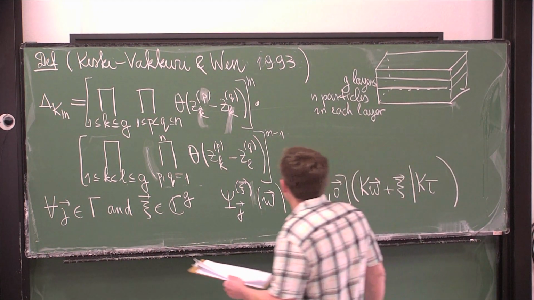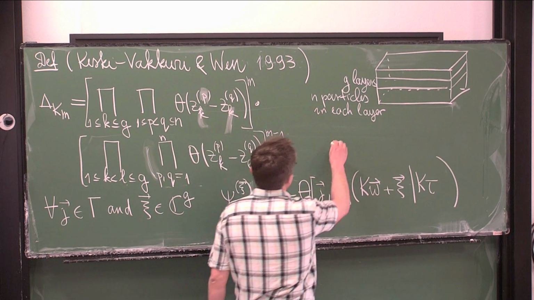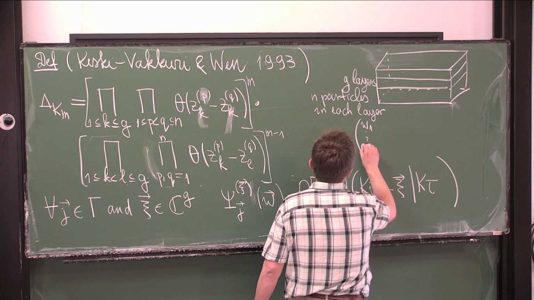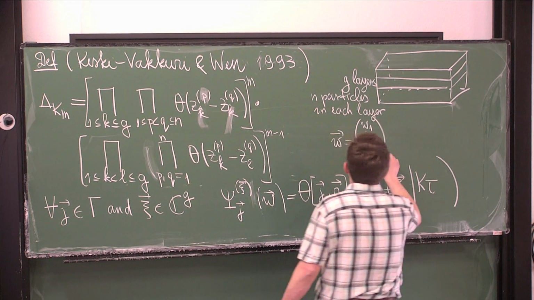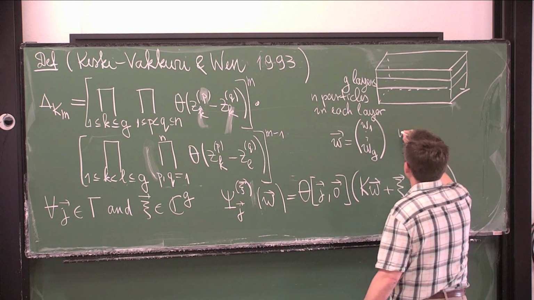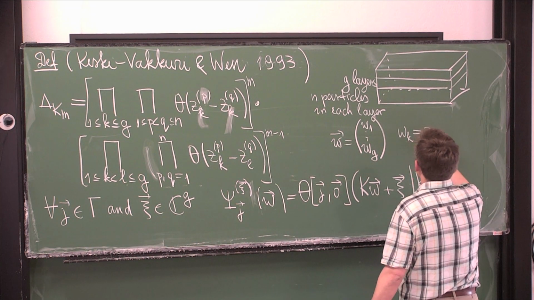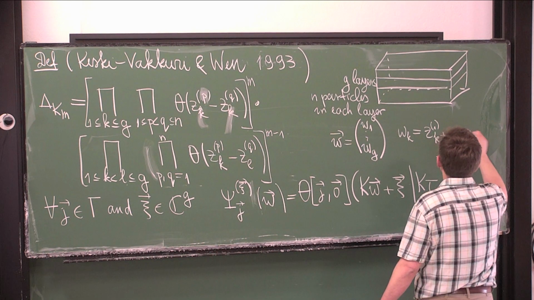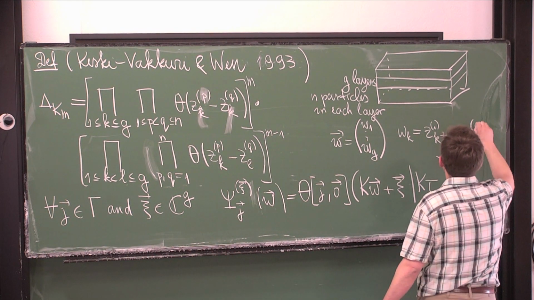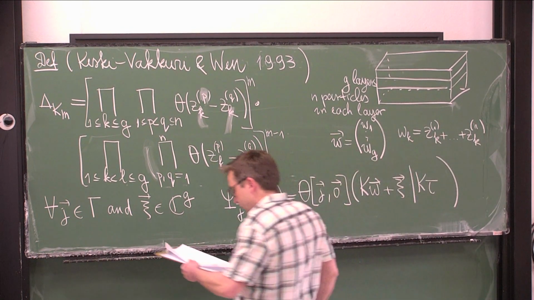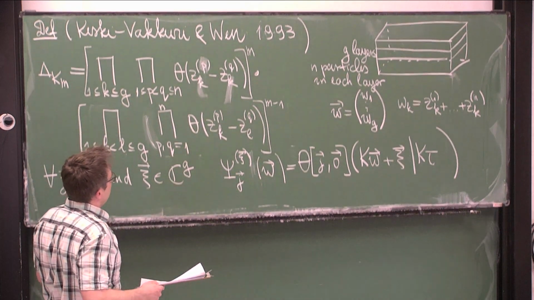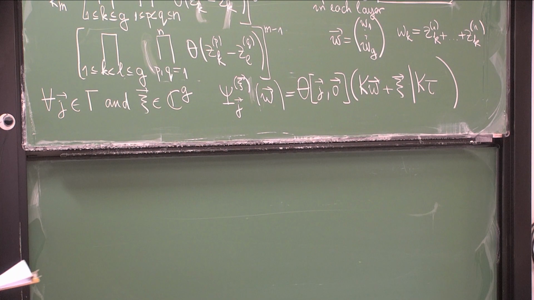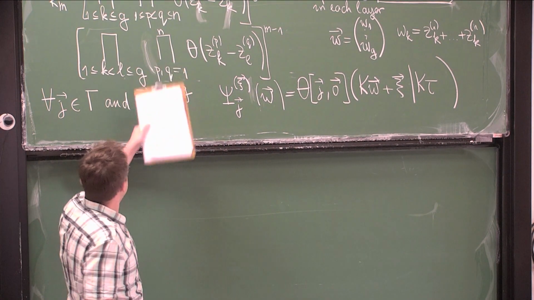All right, so what is my W? W is again a vector, and a component of this vector is a sum of coordinates in my layer. So the wave functions of Kasatani, Kuriki and Wen are products of the discriminant and this.